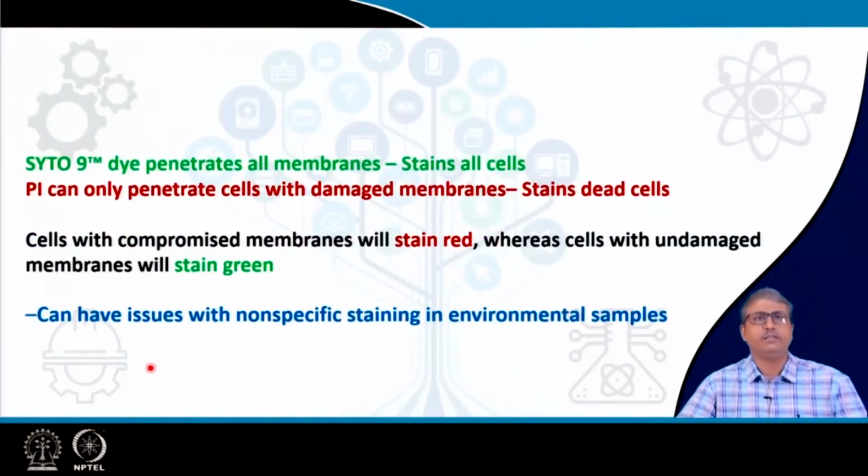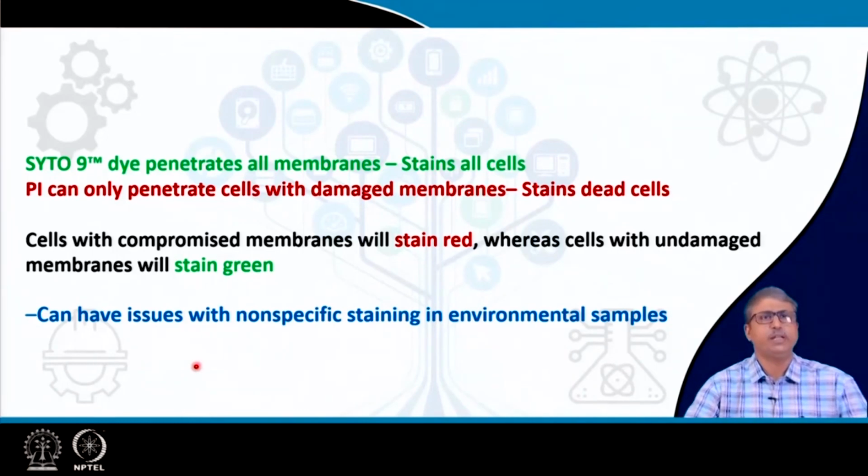Cyto9 dye is able to penetrate all membranes. It is the chemical nature of this dye that it penetrates all membranes, so ideally it stains all the cells, and all the cells will be stained with green color.